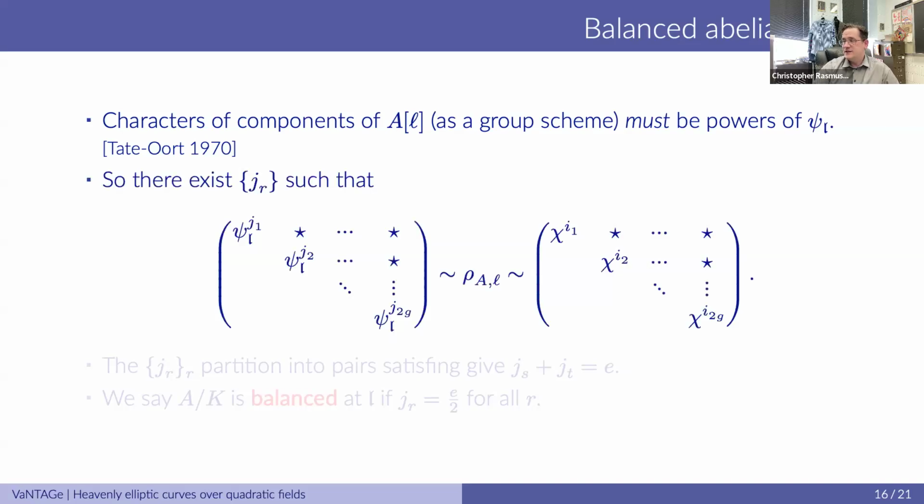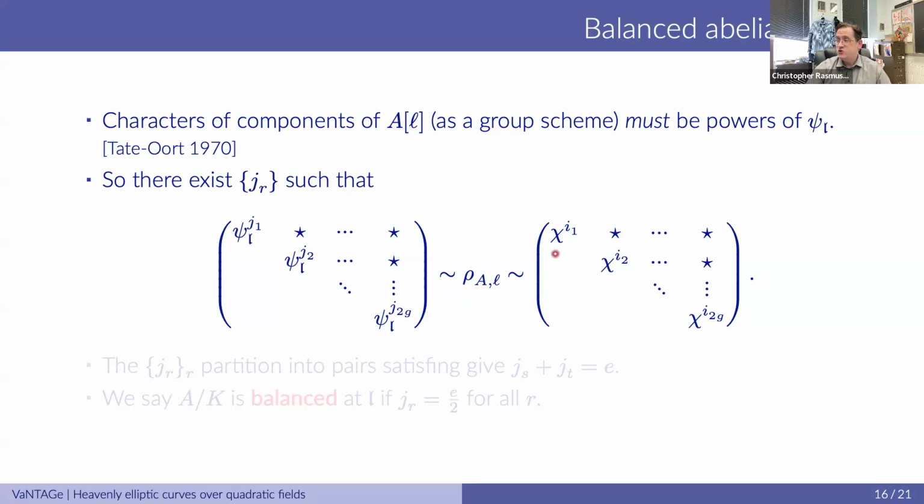And essentially, some decomposition, essentially the semi-simplification, has the following property: there are small powers, these integers j_r, chosen between 0 and e, such that on the semi-simplification, you get these powers of the fundamental character marching down the diagonal. And in the case that A is heavenly, we already have the diagonal expressed to us in terms of these cyclotomic characters.